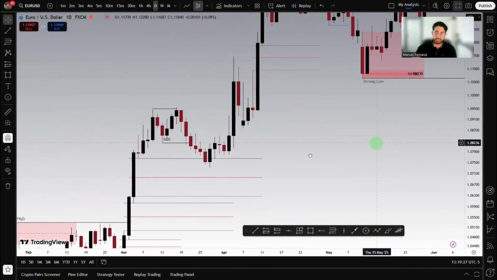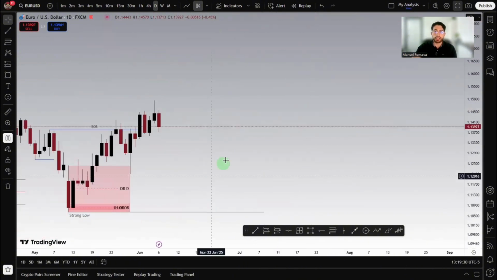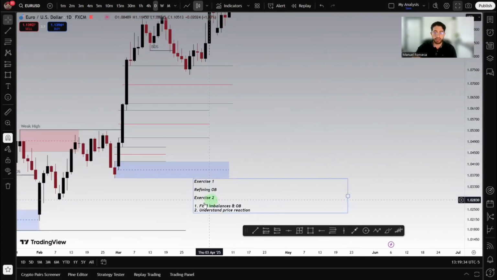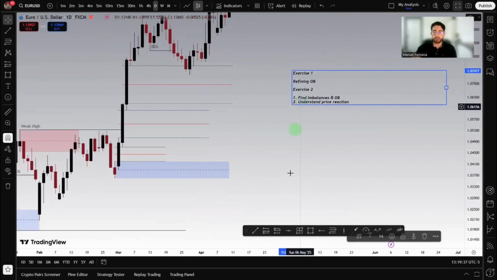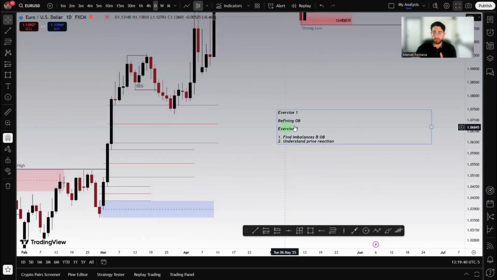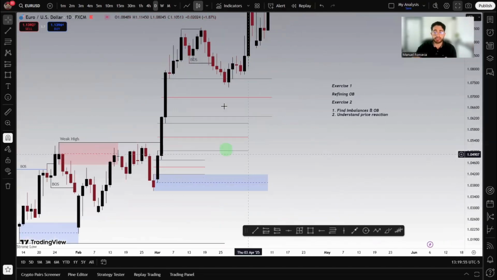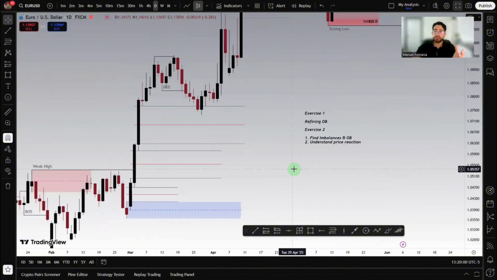Guys, this is one of the most valuable contents so far, and all of them have really valuable content. But I hope you can appreciate that if you refine and do the exercise of finding order blocks, at the beginning and at the end of them, and second, find imbalances and try to understand the market reaction, it will be key because you are training.